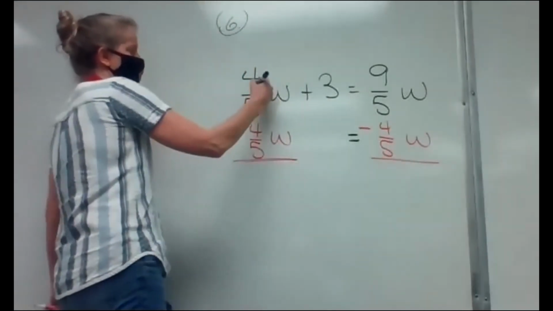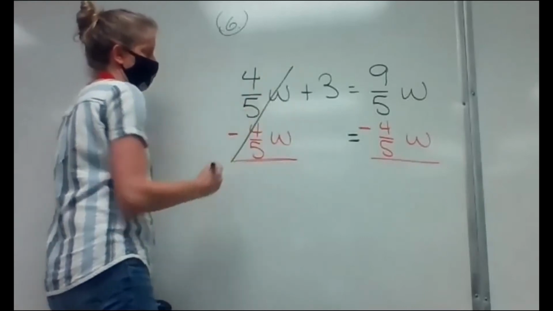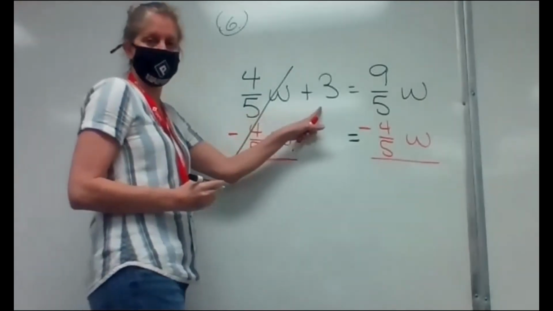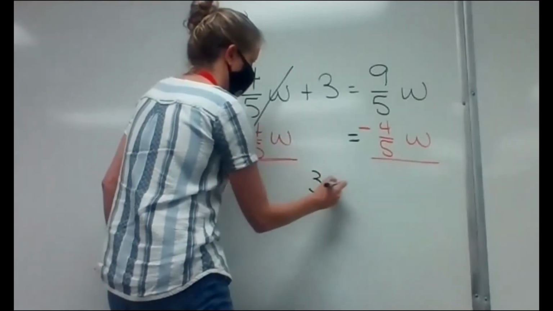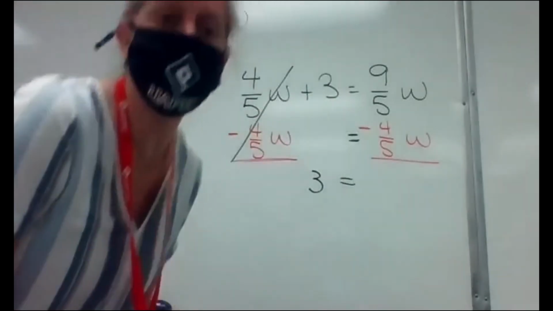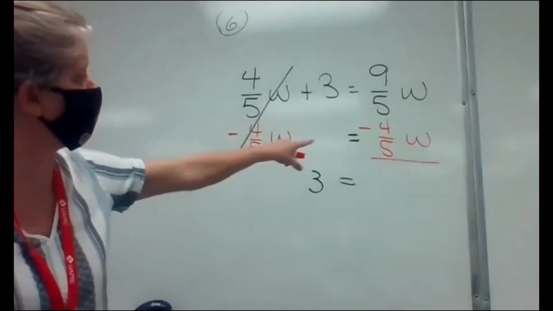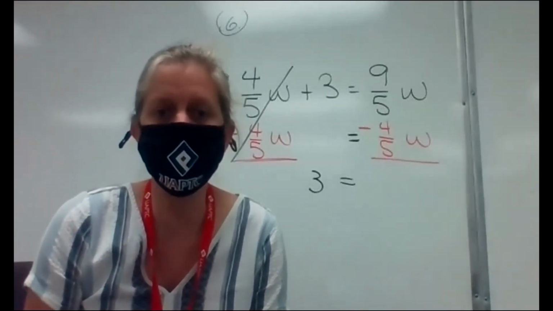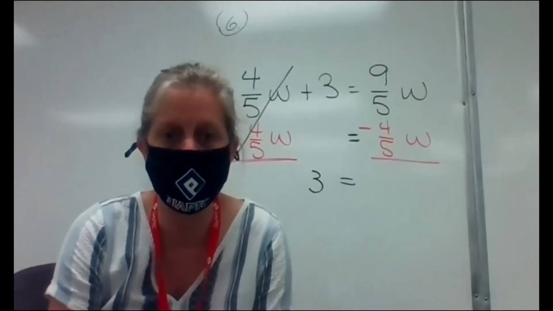The easy part is 4/5 minus 4/5 is nothing. So that's gone. All I'm left with is 3. Now, over here, this is not a bad fraction problem. I have to do 9/5 minus 4/5. The good thing about this is they do have the same denominator.